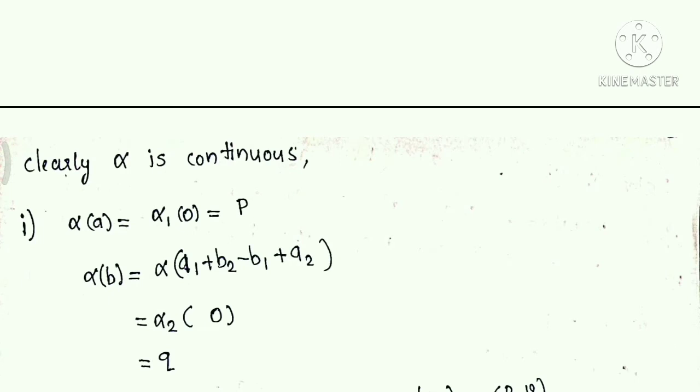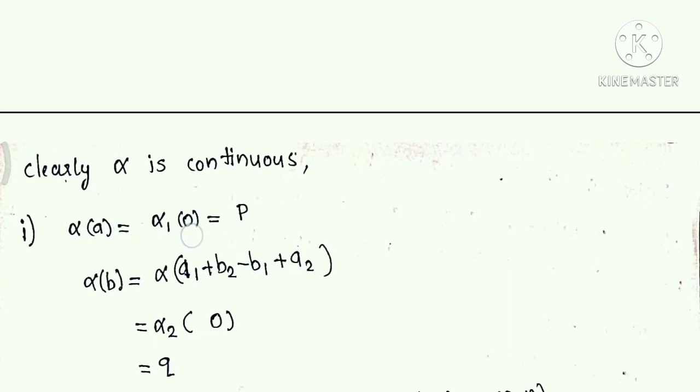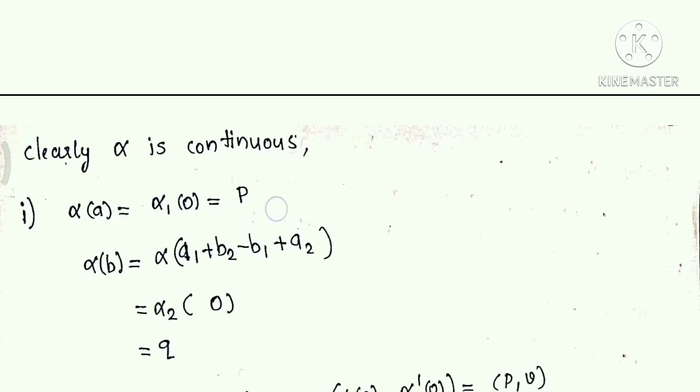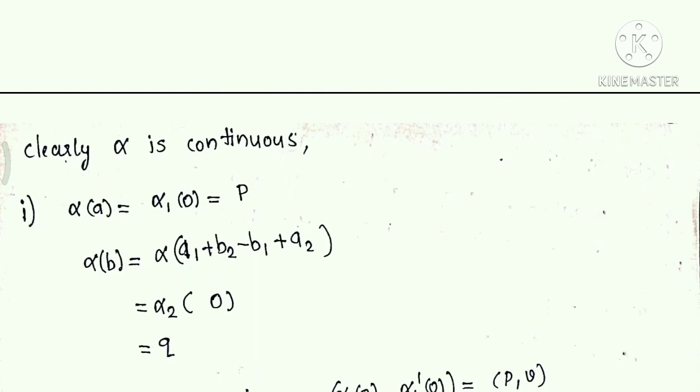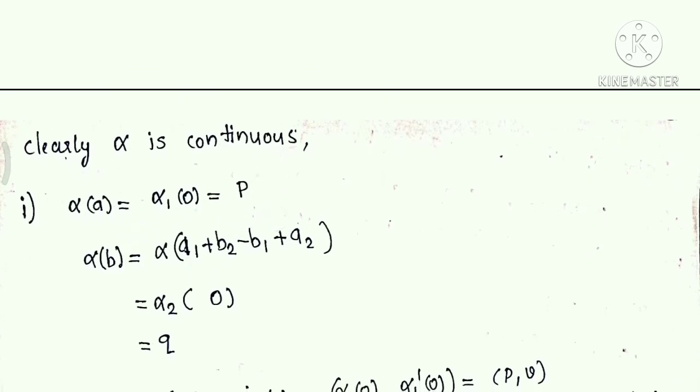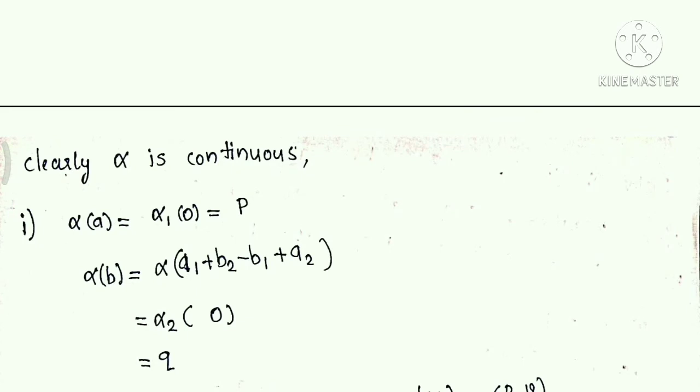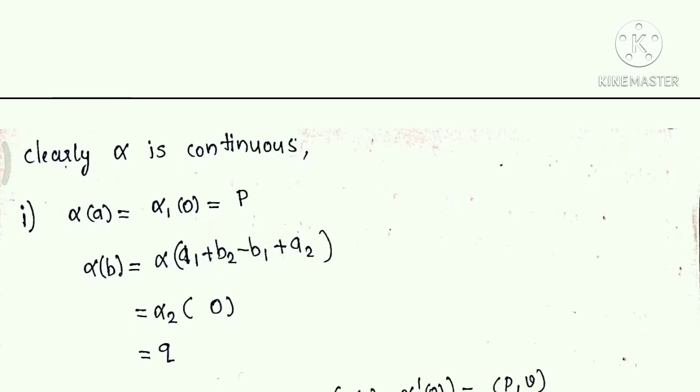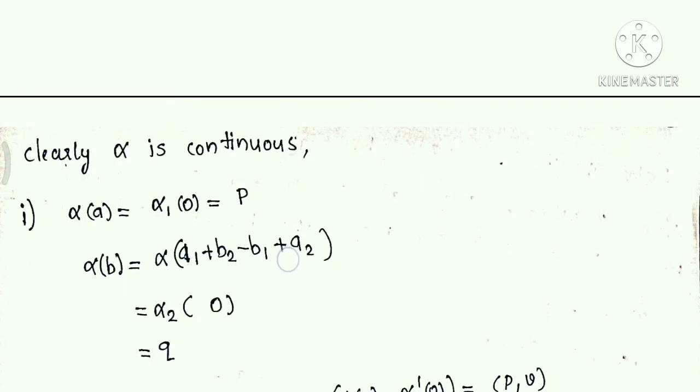Now consider alpha of A, which is equal to alpha 1 of 0, and it is equal to P. So alpha of A is equal to P. Next consider alpha of B, which is equal to alpha of A1 plus B2 minus B1 plus A2. In the last interval, we know that alpha of t is equal to alpha 2 of A1 plus A2 plus B2 minus B1 minus t.